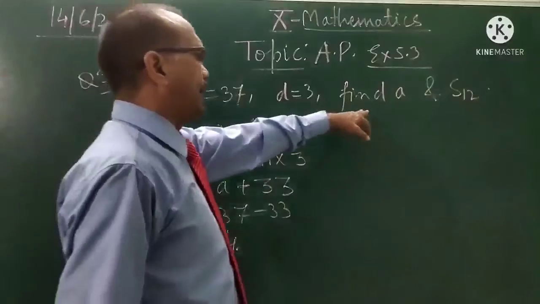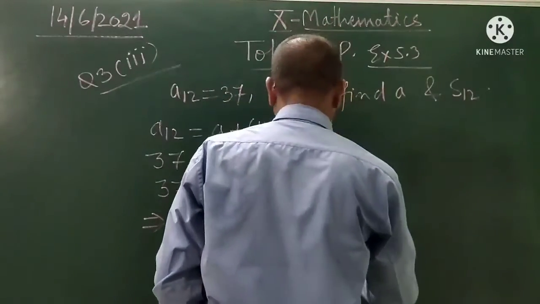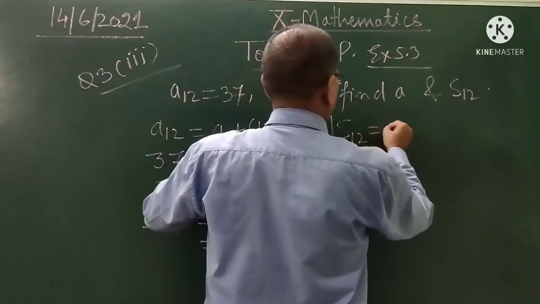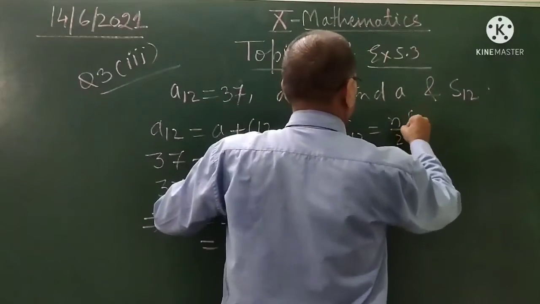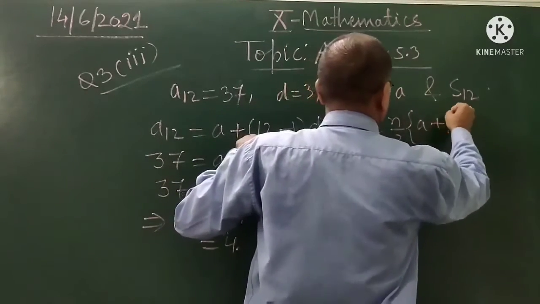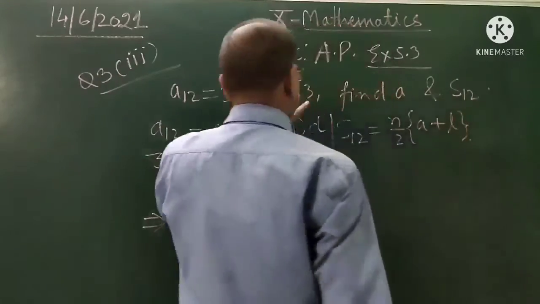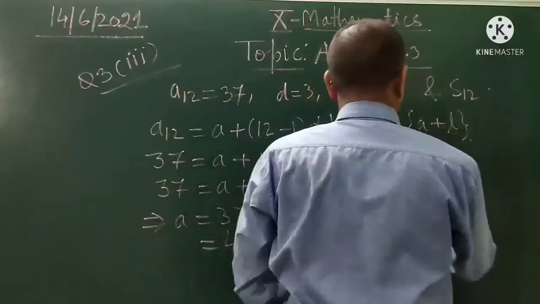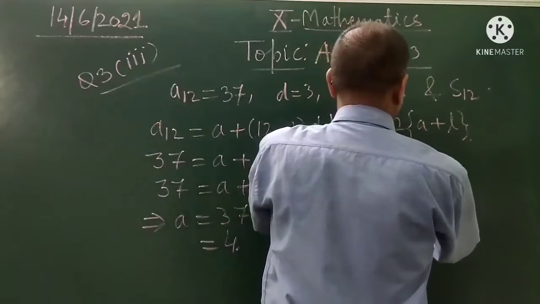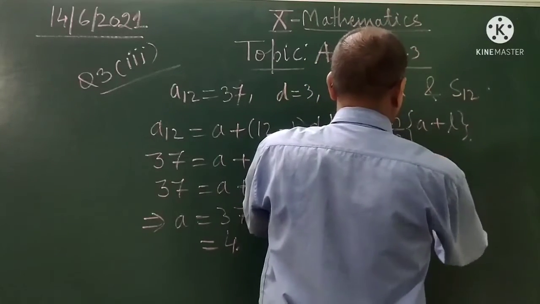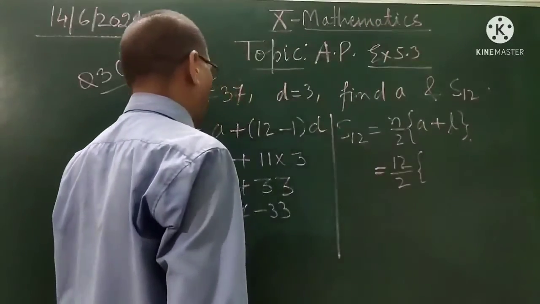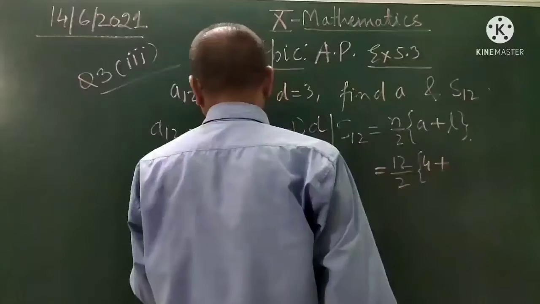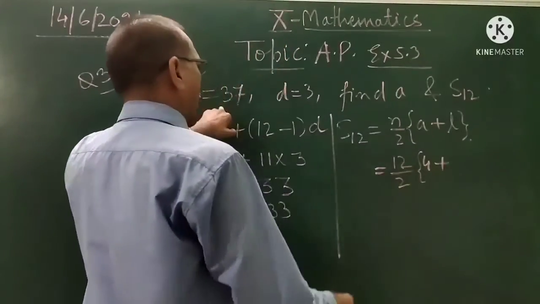Student, to find S12, there is a direct formula, n by 2 into A plus L. L means the last term, or we can write A12. Now, n equal to 12, 12 upon 2, A equal to 4 plus A12.